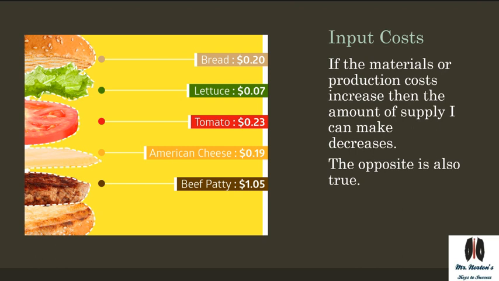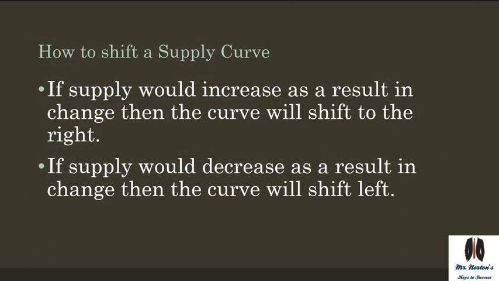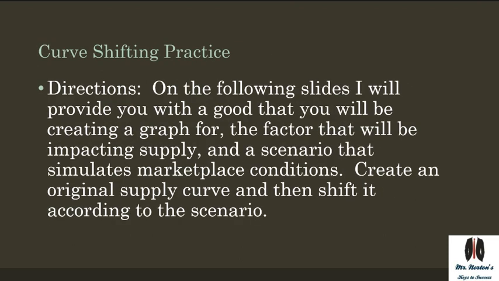So let's get into shifting. It's pretty much the same thing as what we talked about when we talked about demand. If we're going to have an increase in supply, then the curve will shift to the right. If supply is going to decrease, then we're going to have a shift to the left. And this basically works the same way as in the other ones. Think to yourself, or maybe pause the video and draw the graph yourself if that helps you.